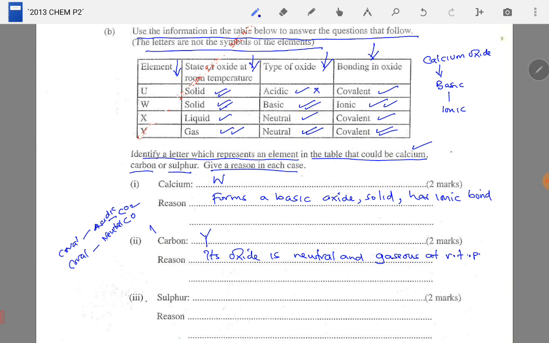Sulfur, we have two types. There is sulfur 2, sulfur 3. Both are covalent. They are both gaseous at room temperature. This is gas. So gas, no other gas.